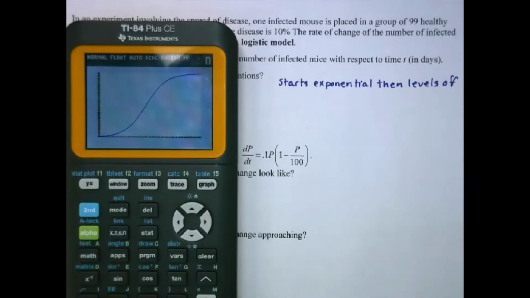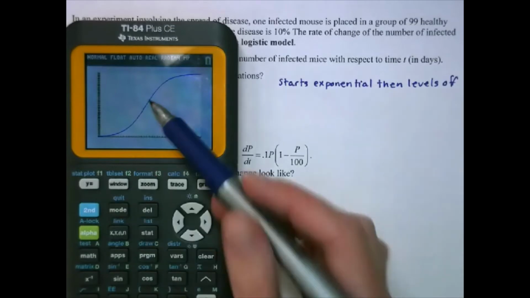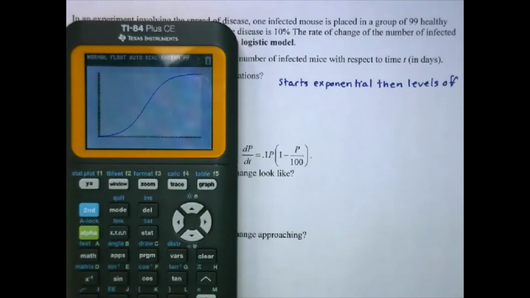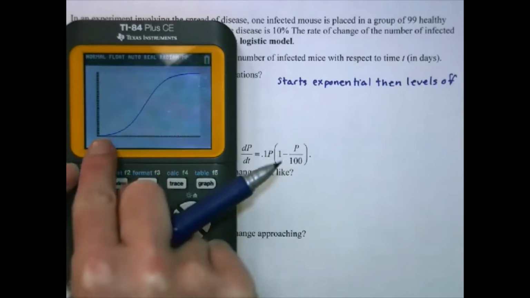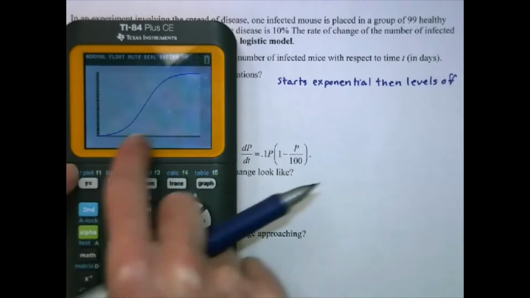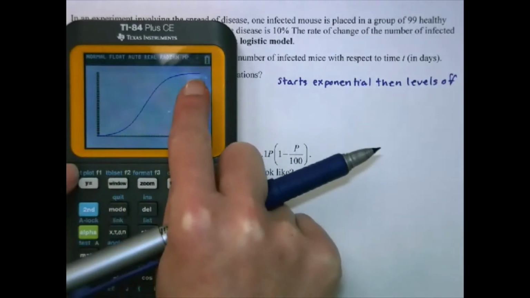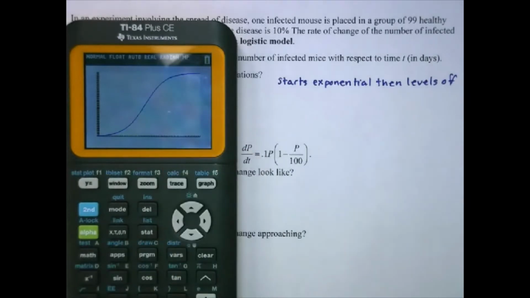So the first observation I'm going to write down here is that it starts exponential, but then levels off. The second one is that this graph has two horizontal asymptotes. It has a horizontal asymptote at 0, because we're never going to get less than 0, and it's going to have a horizontal asymptote at 100, because it's never going to go above 100.